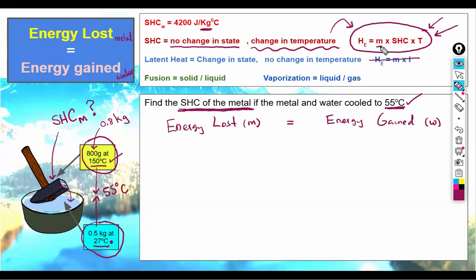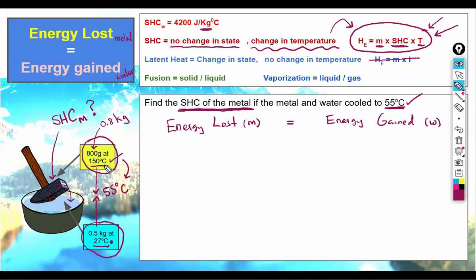You're going to take the mass of the metal. We're dealing with the metal, energy lost by the metal. So everything has metal values. The mass of the metal multiplied by the specific heat capacity of the metal, which we don't know, multiplied by the change in temperature. The change in temperature of the metal is not hard to calculate.